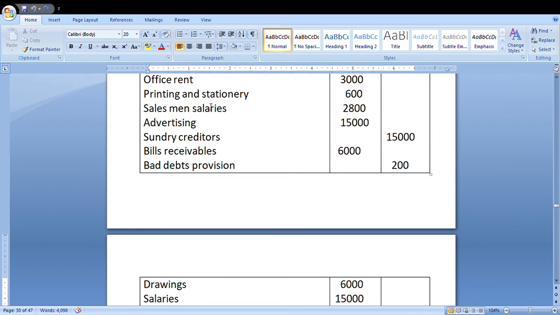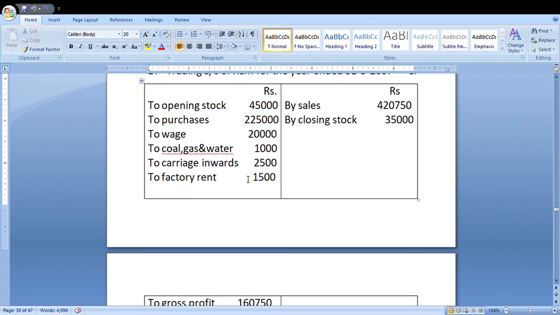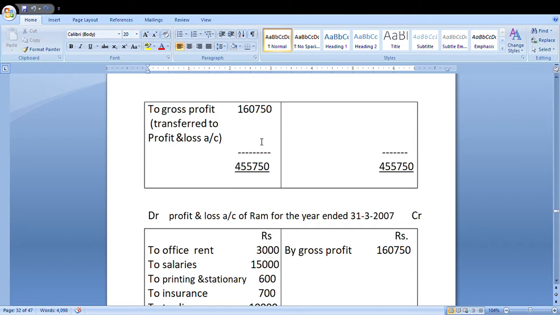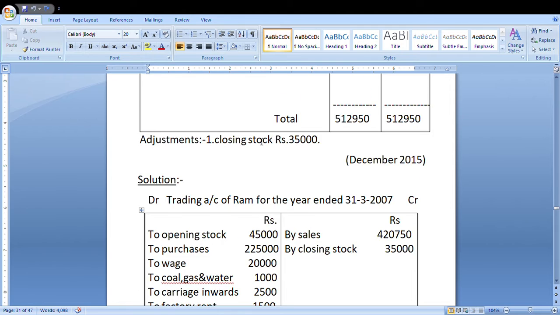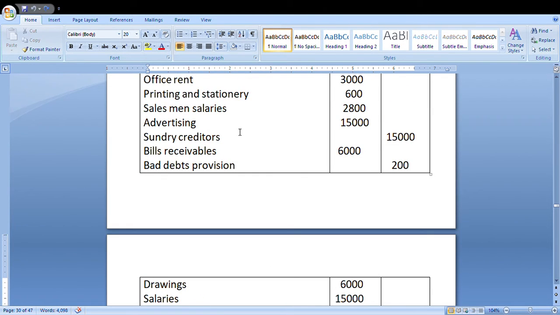Next, printing and stationery. It is also expenditure. Enter it in the profit and loss account. Printing and stationery 600. Salesman salary. This is also expenditure.